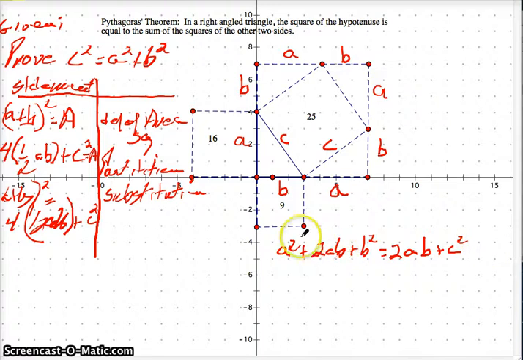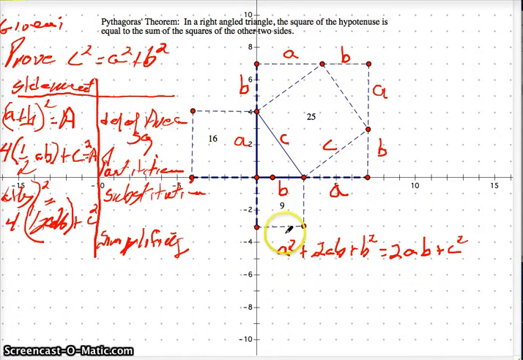All I'm doing is simplifying this equation right here.